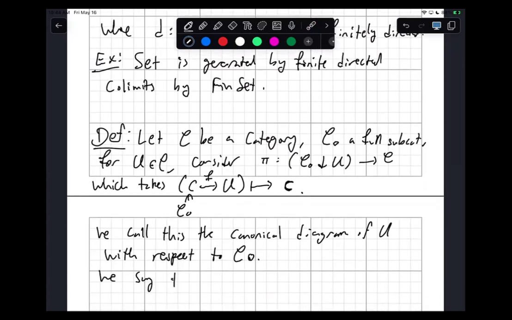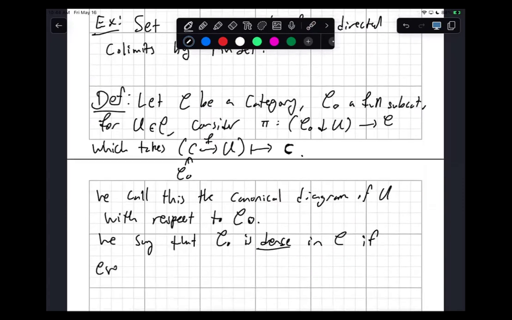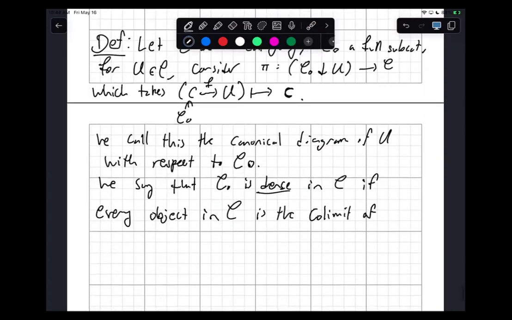We say that C0 is dense in C if every object is the colimit of their canonical diagram with respect to C0.